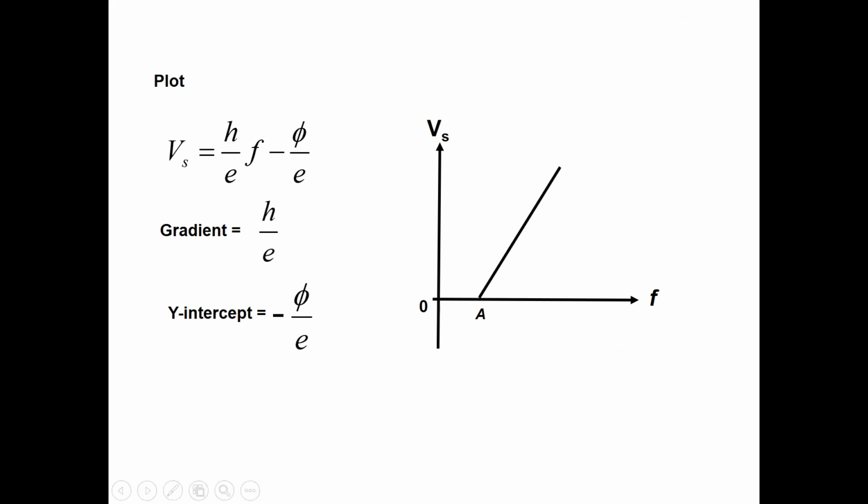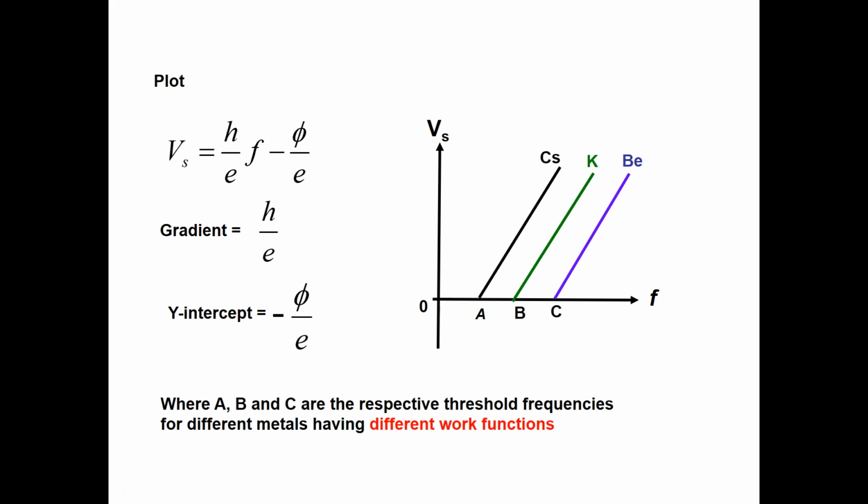Remember that the intercept at the x-axis is the threshold frequency. If we change the metal, having different work functions, we will have different threshold frequencies. The higher the threshold frequency, the more stable the metal. So cesium is very reactive. It will have a very low threshold frequency.